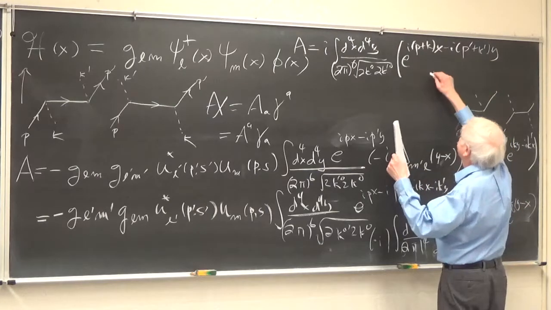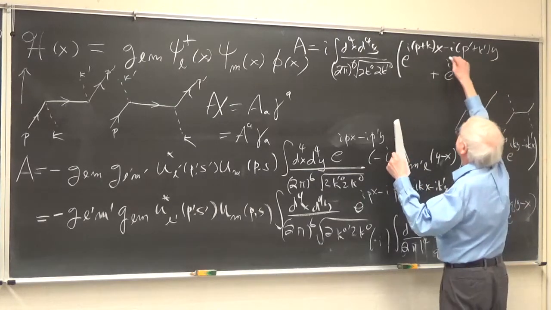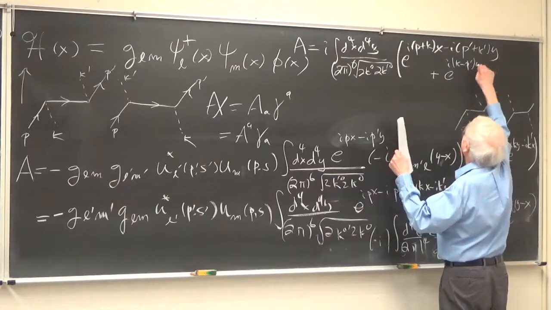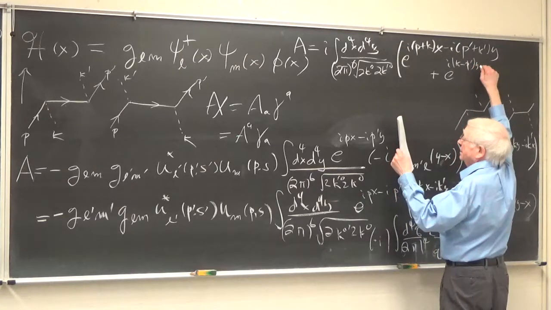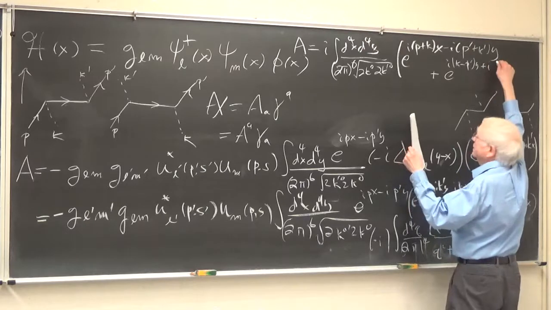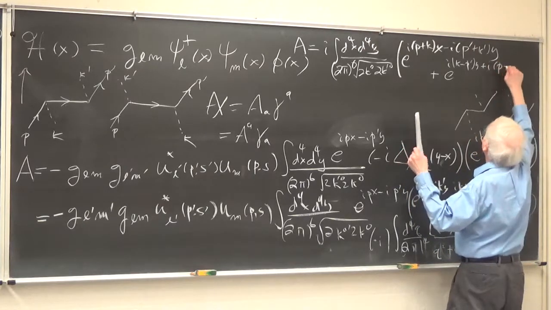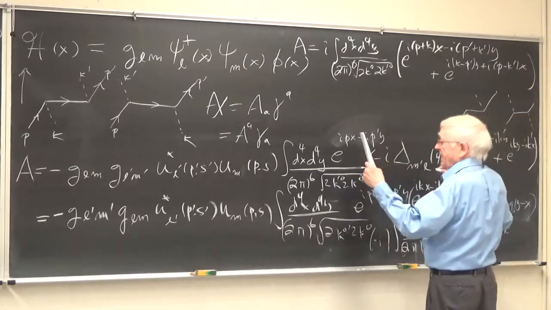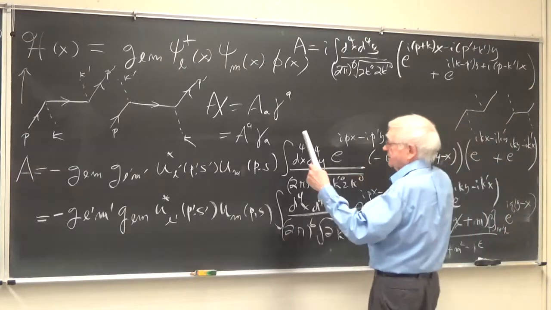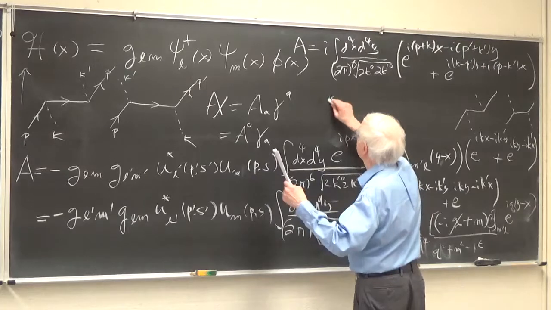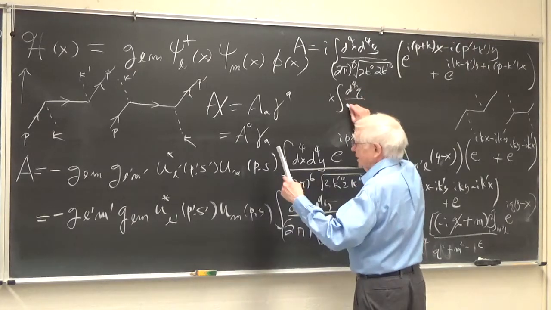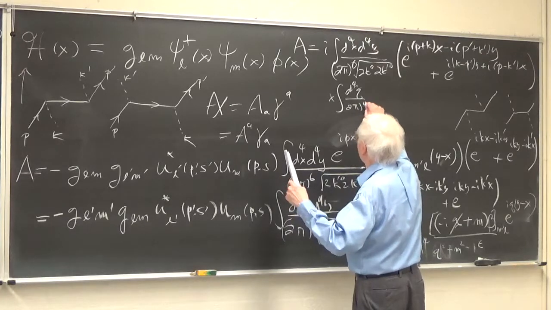That's one term plus the other, and then all that is times integral d4th q over 2 pi to the 4th.